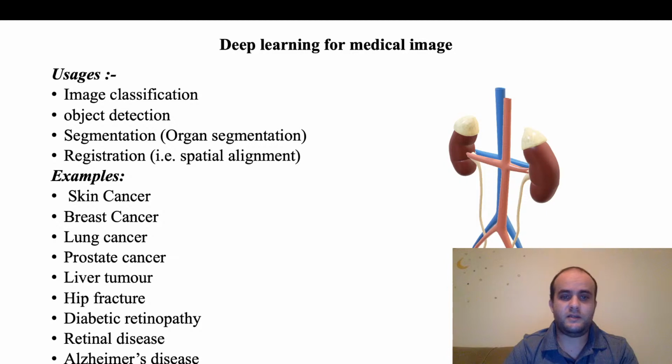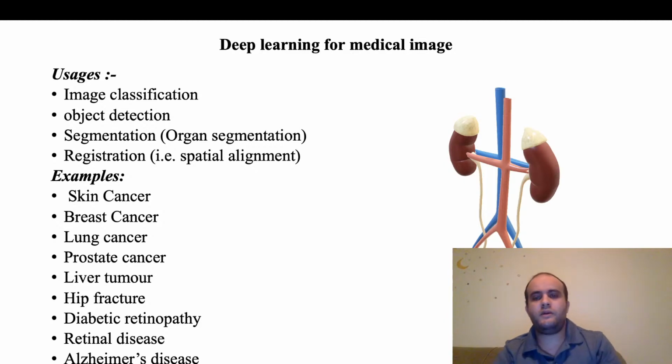Then segmentation is where you take the image and divide it into small useful parts. It's the first step so the doctor can see, for example in organ segmentation, what this part is and what that part is, and it makes the process easier for a clinician. And for registration, we have different modalities of the image that we need to align, so we apply registration.